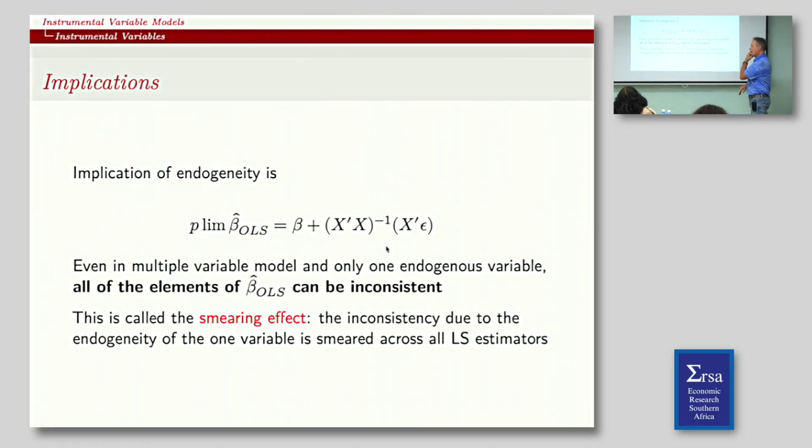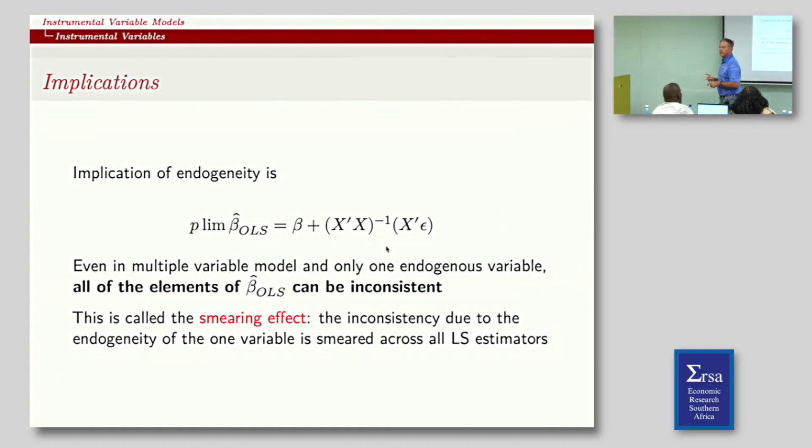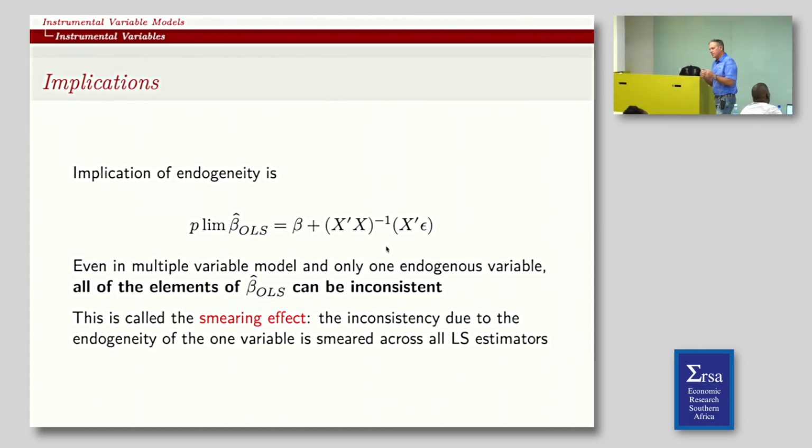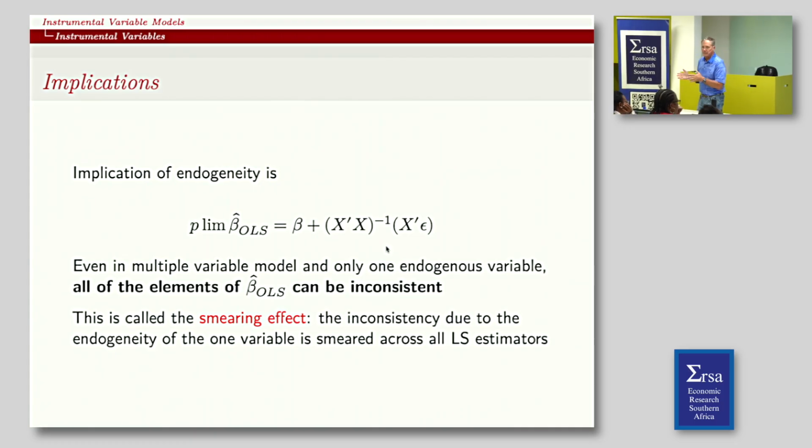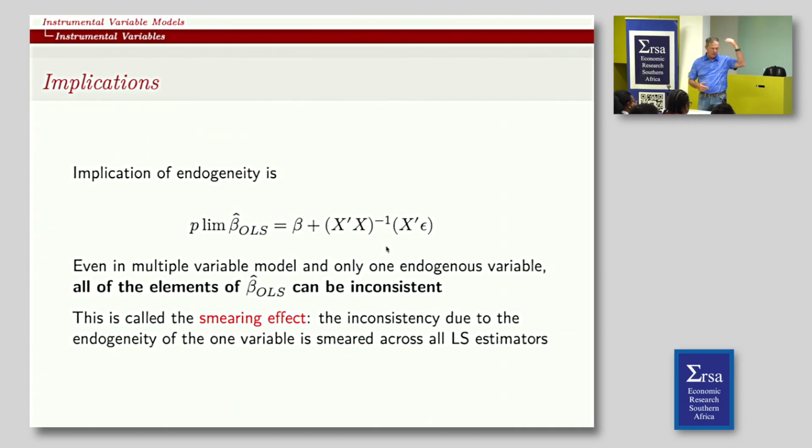All right. So even in a multivariable model, when there's only one endogenous variable, all of the elements can be inconsistent. Okay? We don't typically worry about all the elements. We typically only worry about one or two, right? Because we might care about the education effect, or we might care about the medical aid effect, or something along those lines. So a lot of times we don't sit and worry about endogeneity with variables that we're not really focused on in the analysis.